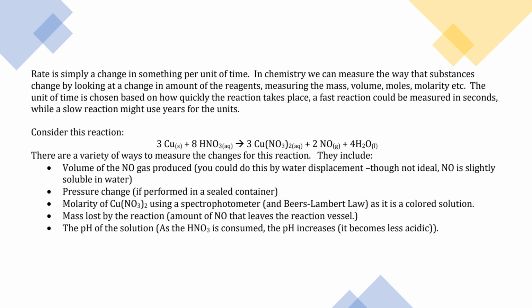You can use mass lost by the reaction. You can use the amount of nitrogen monoxide. And because nitric acid is an acid, you can actually test the pH of the solution, because as the nitric acid is being used up, your pH increases because it's becoming less acidic, it's becoming more basic.